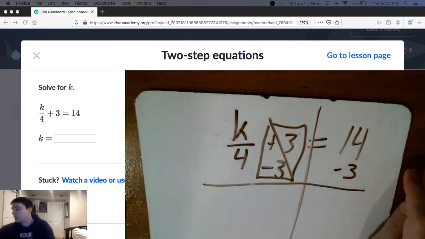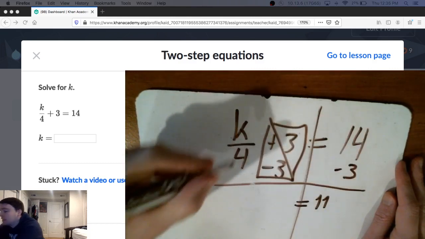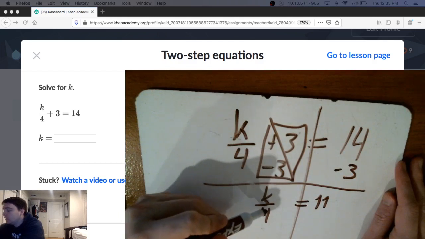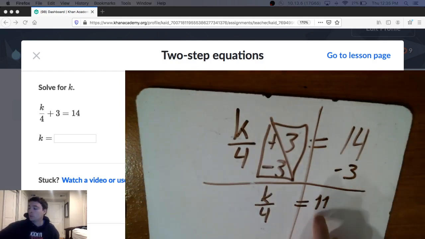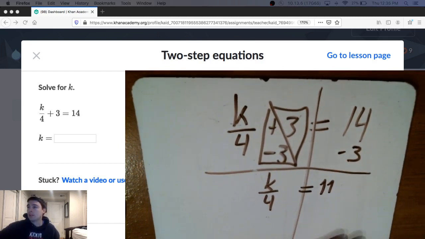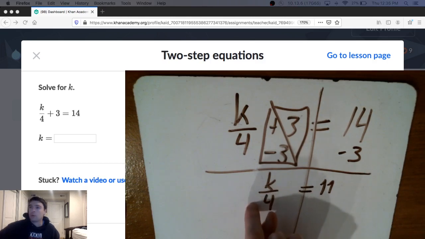14 minus 3 would give us 11. So this equation now says k over 4, a fraction, but that really just means k divided by 4, is equal to 11. And again, if we're thinking about inverse operations, the opposite of dividing by 4, what's the opposite of division? It's multiplication.